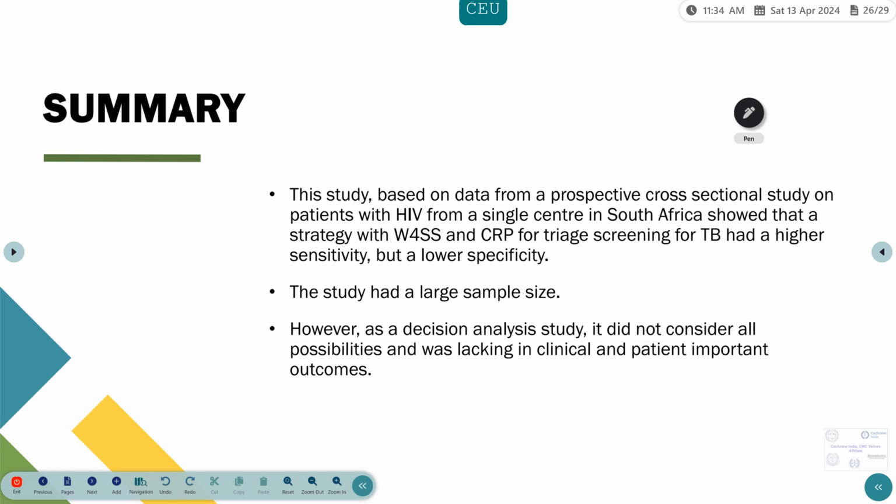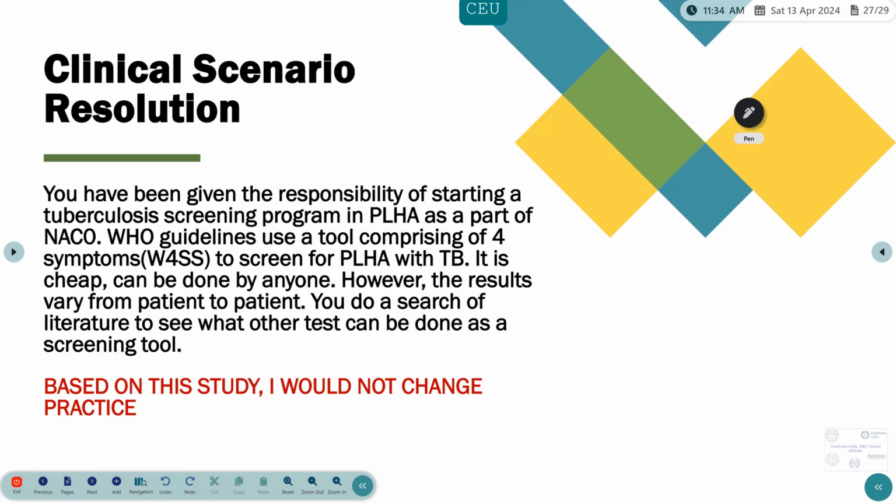The positive of the study is that it had a large sample size, but it is from a single center, and as a decision analysis study, it did not consider all the possibilities and was lacking in clinical and patient important outcomes. So coming to our clinical scenario, would you use this tool for screening for the NACO recommendations? Based on this study, I would not change practice.